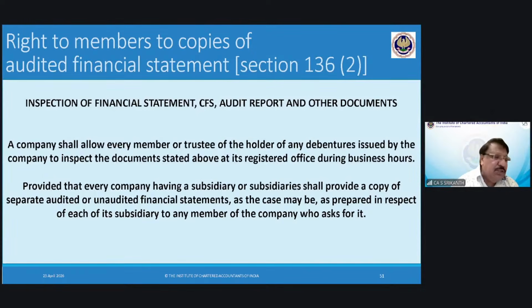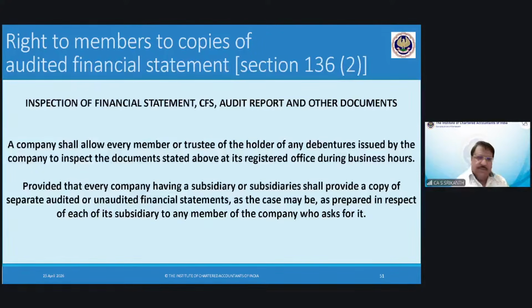Members have the right to inspect the financial statements, including the CFS, audit report, etc. Though this provision is there, that a member can go to the company and ask for the financial statements, there's no real need to do that, because today listed companies put it up on their website.